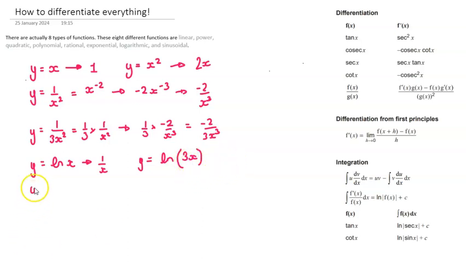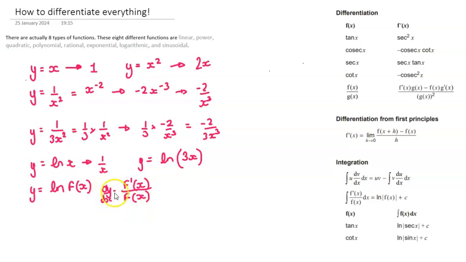Because really, if y equals the natural log of some function of x, so that could be x, 1 over x, 3x, x squared plus 4, whatever, when you differentiate that, you get the function differentiated over what actually is the function. So f dash x over f of x, that is your dy by dx.